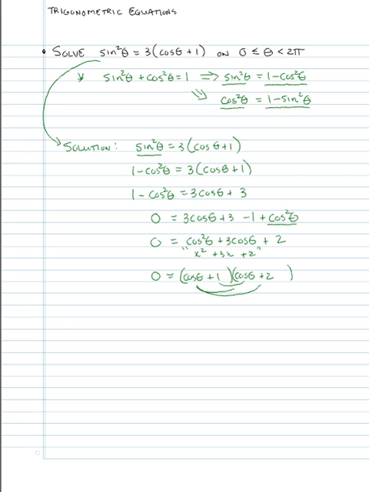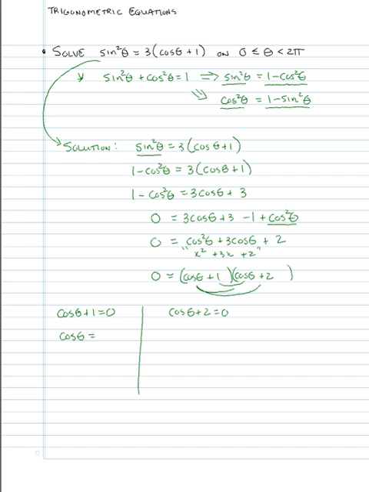Well, I have a product of 0, so either factor could be 0. So I take the first factor, set it to 0, take the second factor, set it equal to 0, and solve appropriately. Here, the way I'm going to solve is I'm going to isolate the cosine of theta by subtracting 1 on both sides.